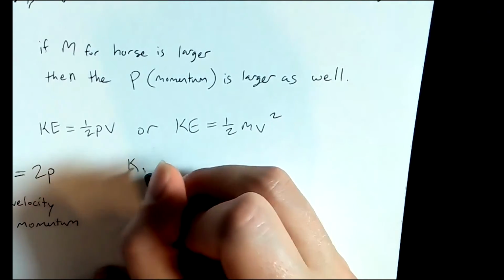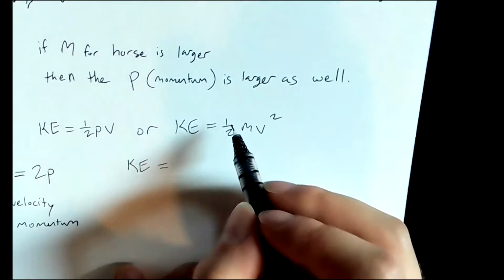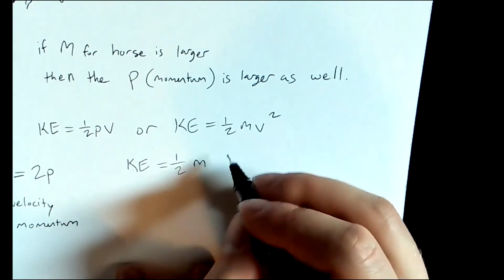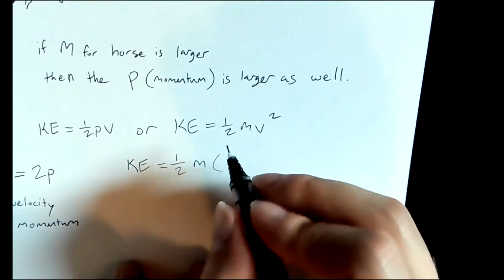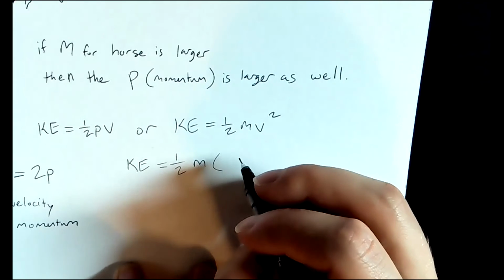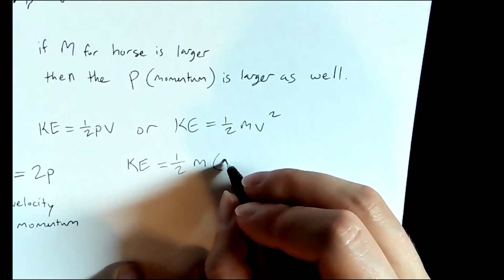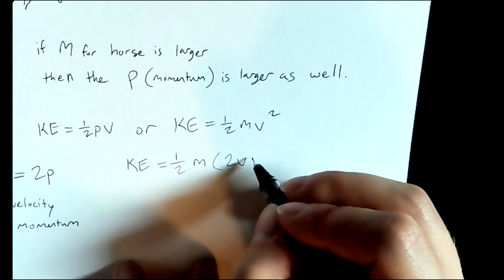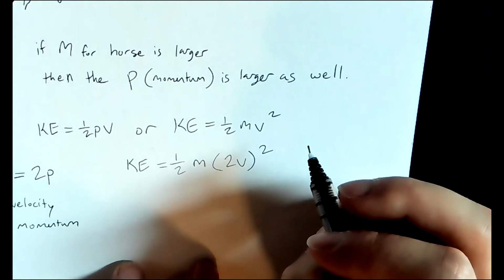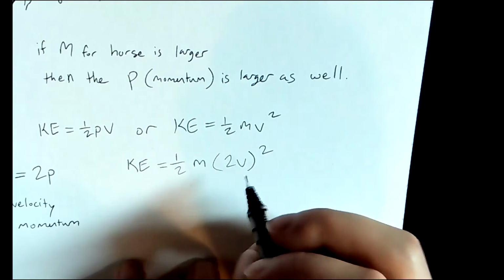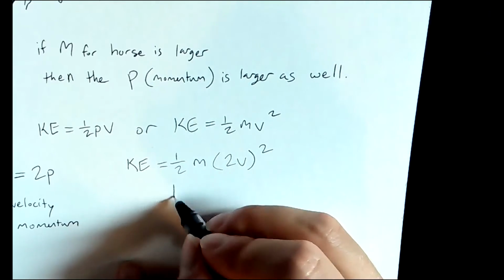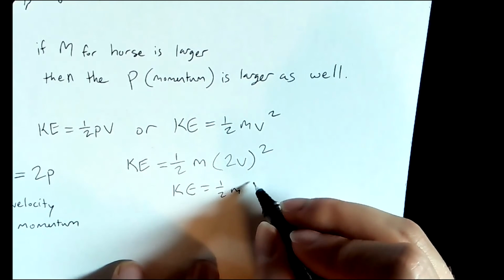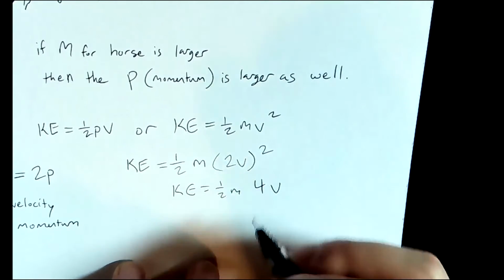However, for kinetic energy, I'm going to use this equation. 1/2 mass times velocity squared. If you double the velocity here, K equals 1/2 m times (2v) squared, which is 4v squared.